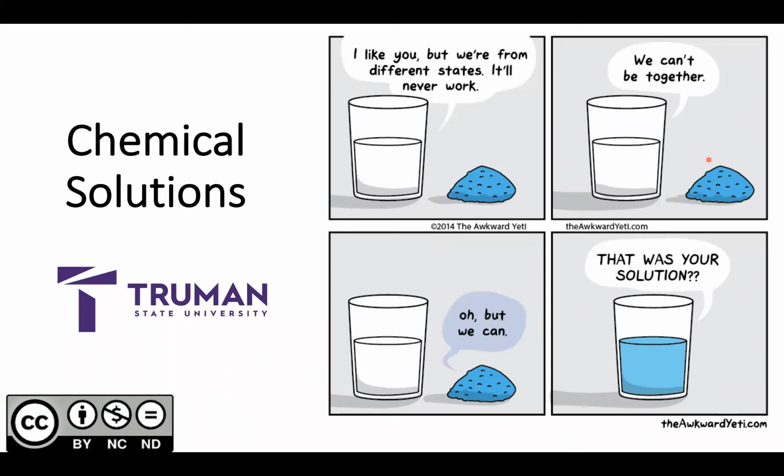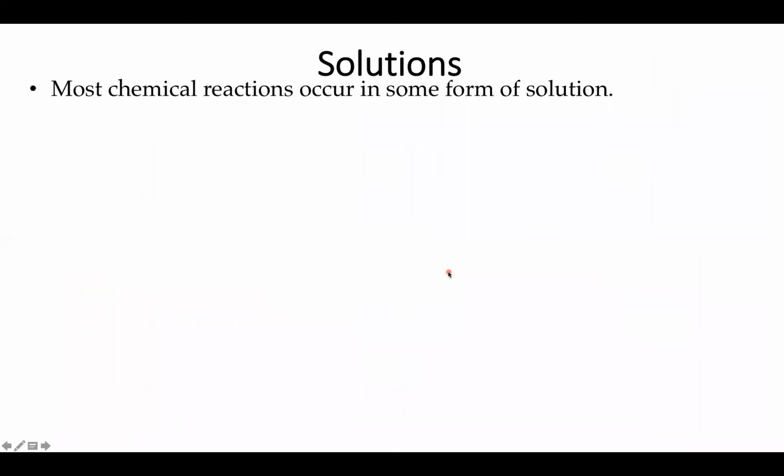So today we finally get a chance to talk about chemical solutions, which is more or less just a liquid mixture of two or more materials. And it turns out that most chemical reactions are actually going to occur in solutions. One of the reasons why is that when you have multiple species dissolved in a liquid, this is usually when they're most able to see other chemicals, react, move around, and do all of the various things involved with chemical reactions.